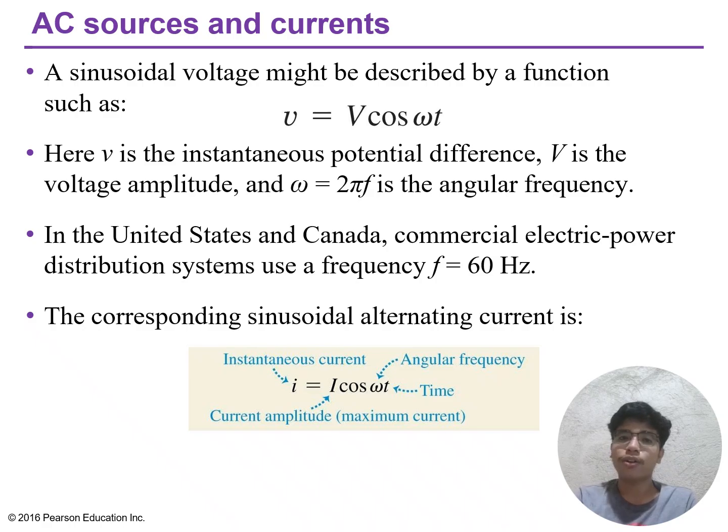For a resistor connected to this AC source, the corresponding sinusoidal alternating current follows the same frequency and can be expressed as i(t) = I cos(ωt + φ), where capital I represents the current amplitude. These mathematical descriptions form the foundation for all AC circuit analysis and allow engineers to predict voltage and current at any instant in time.